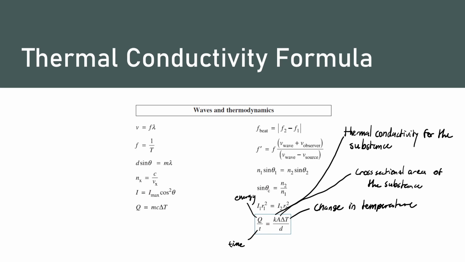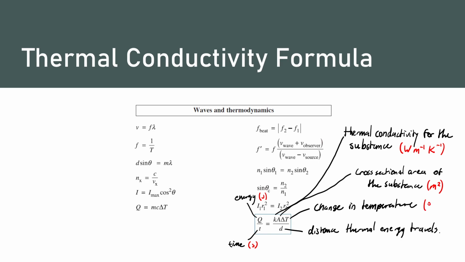I'll talk about that in a little bit more detail when we do our practice question. And d is the distance through which this heat energy travels. So some units of measurement here. Q is in joules, time is in seconds, k is in watts per meter per Kelvin. And we'll talk about why that is shortly. Area is in meters squared.